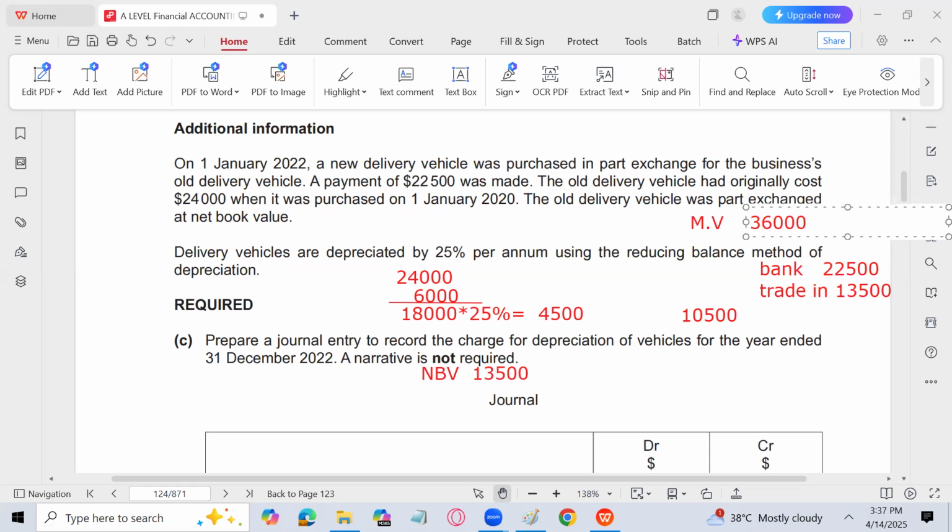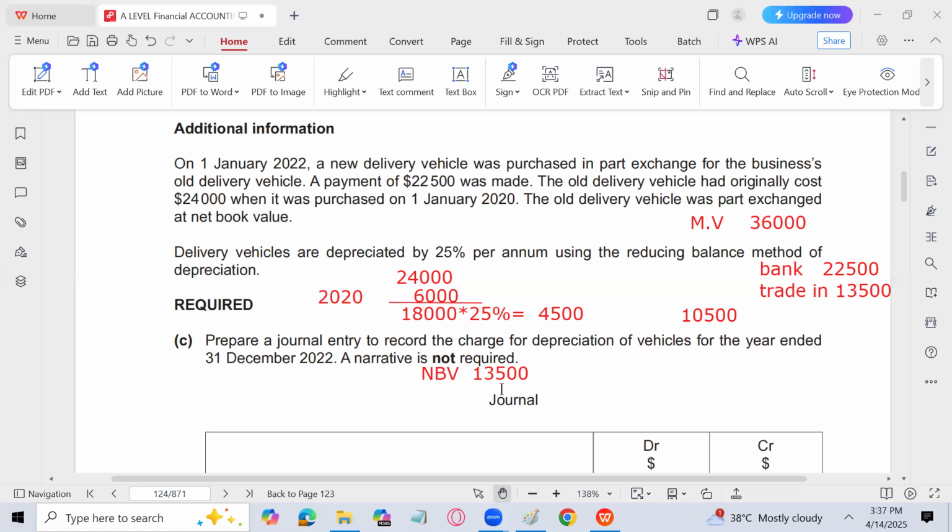Because the old asset which is given in part exchange is basically traded in at net book value, it means there is no profit or no loss. It cost us 24,000, depreciation in 2020 was 6,000, then again it was depreciated in 2021, that is 4,500, and then the net book value is 13,500, right?